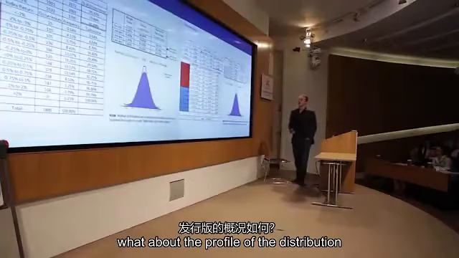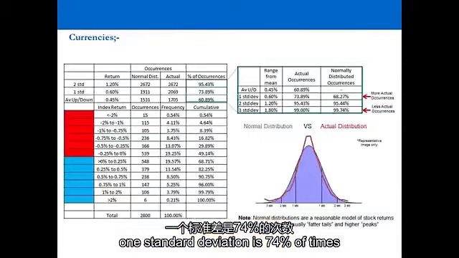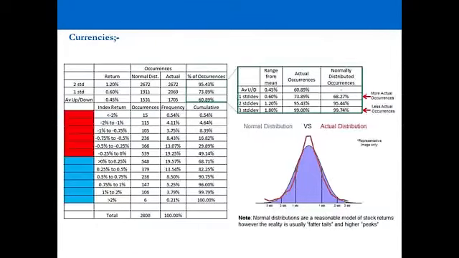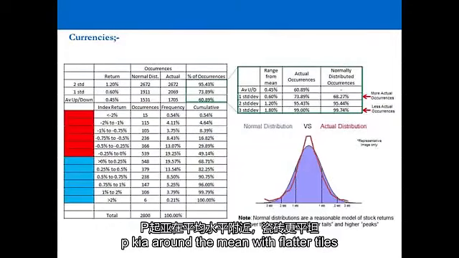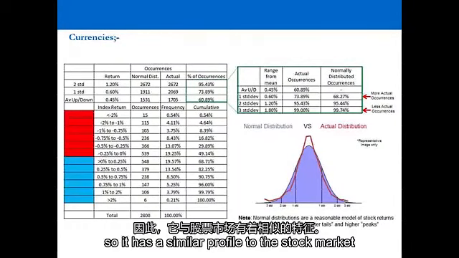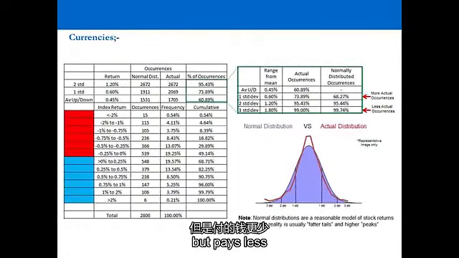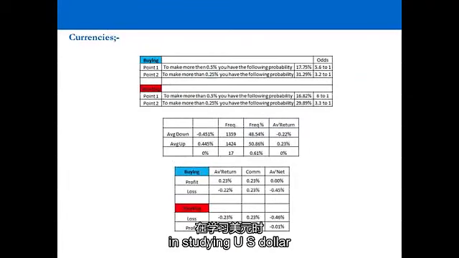What about the profile of the distribution? One standard deviation is 74% of times. And relative to a normal distribution, peakier around the mean with fatter tails. So it has a similar profile to the stock market, but pays less. What do the odds of making certain amounts of money look like in sterling US dollar?